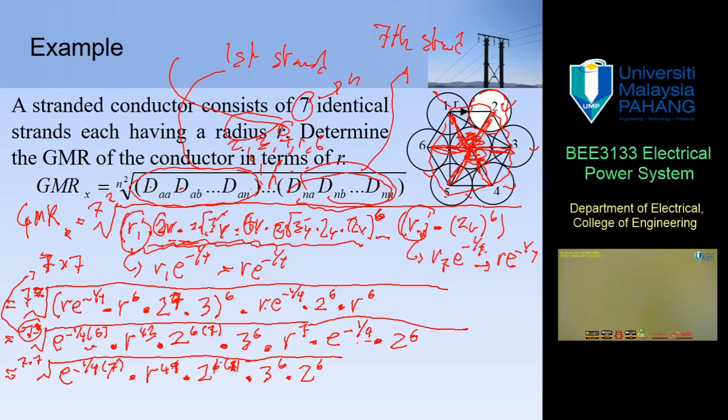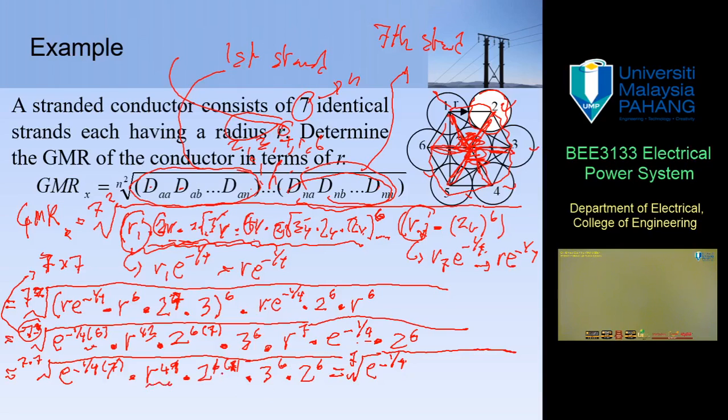It's very difficult to write, sorry, maybe I write here. 7. E from 49 now becomes 7 only. Then R is taken out.